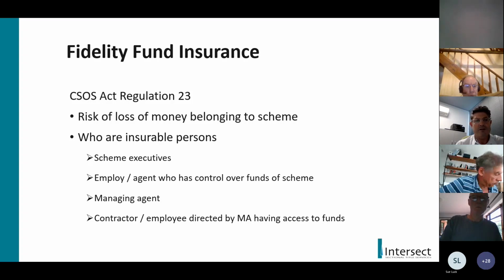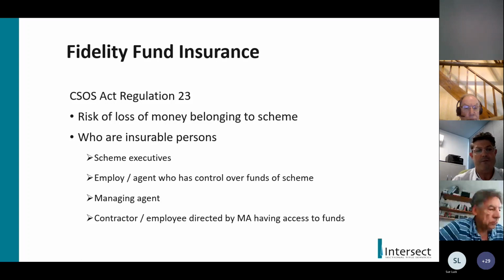In the new regulations, as you can see, it's now a responsibility of the body corporate to ensure that they have Fidelity Fund Insurance, and the insurable persons in this case are scheme executives, so that's trustees, employees or agents who have control over funds of the scheme, the managing agent, and then contractors or employees directed by the managing agent and having access to funds.